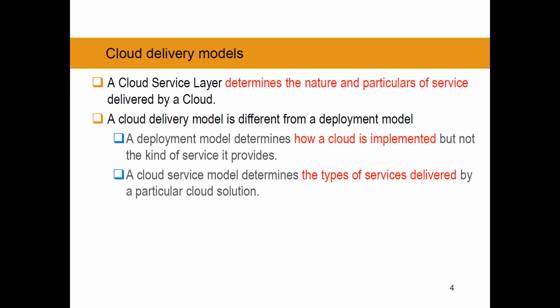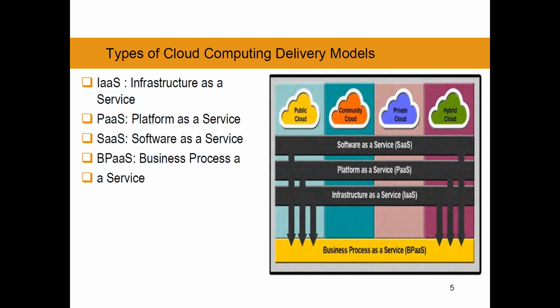But currently there are more and more categories as a service, but actually they are within those three main models: IaaS, PaaS, and SaaS. And IBM introduced a new, additional one, business process as a service. Right?